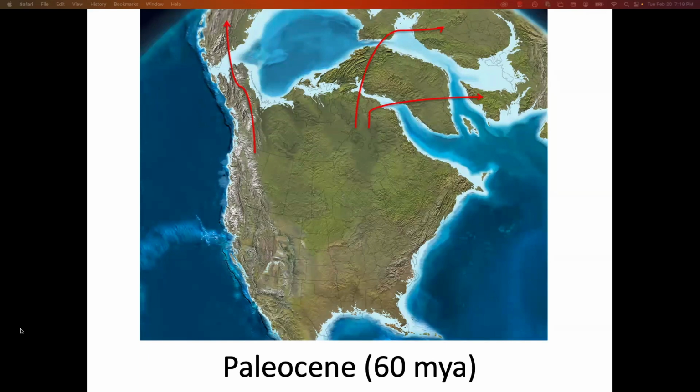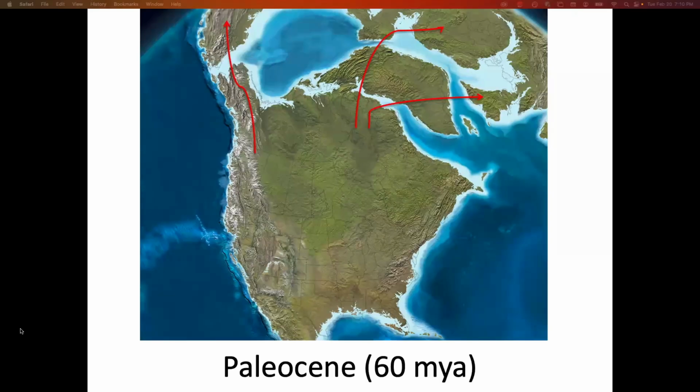There's one that is the Bering Land Bridge, which is going to open and close many times over the next 60 million years. Most recently, it will open roughly 20,000 years ago, maybe up to 40,000 years ago, as Native Americans would have made their way across from Siberia into Alaska. That's one route taken at least. We also have two different routes, one through northern Canada into northern Greenland, on over into northernmost Russia.